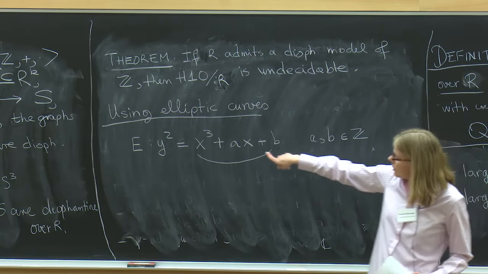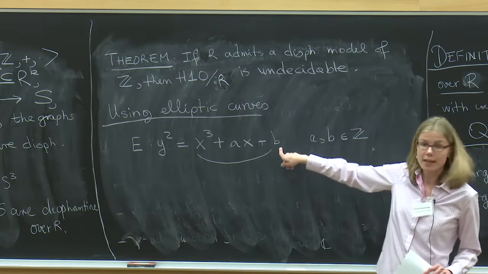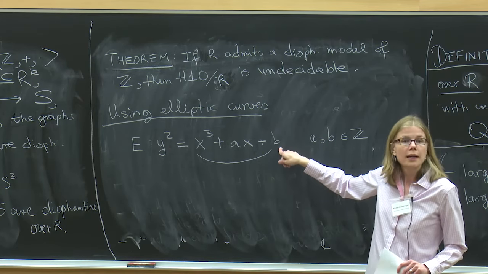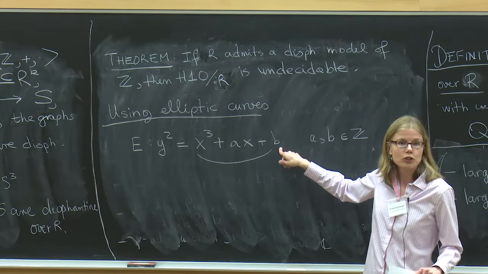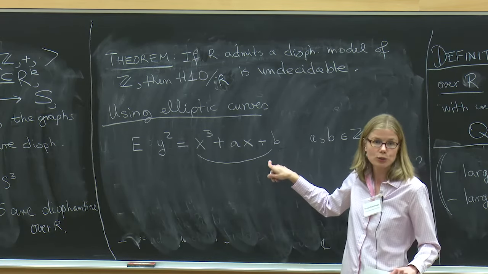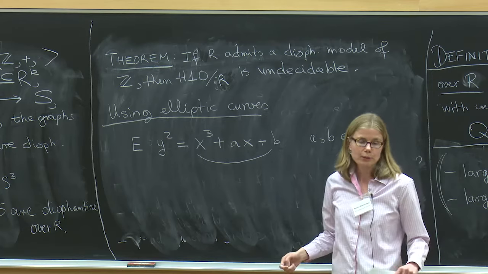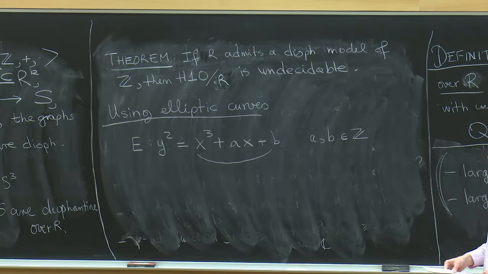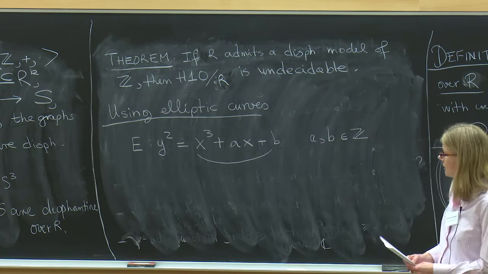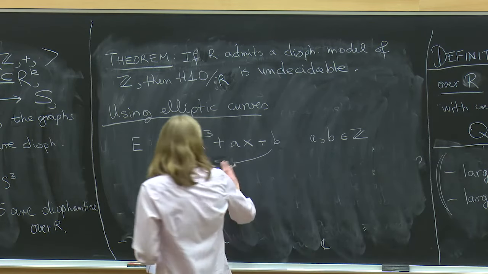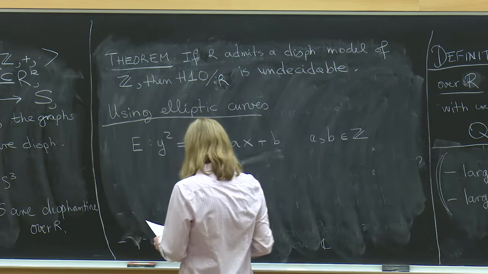The points x, y satisfying the curve equation together with the point at infinity form an abelian group. And the group law is given by equations, meaning if I give you x1, y1, and I want to add it to x2, y2, there's an explicit formula for x1, y1 plus x2, y2 in terms of the coordinates x3, y3 that the sum of the two points has. So that's the kind of object I want to use here.